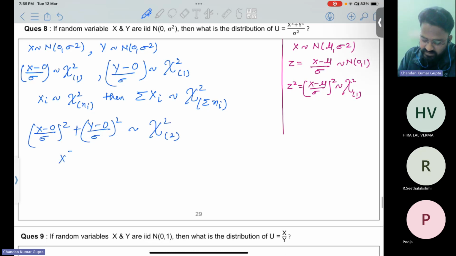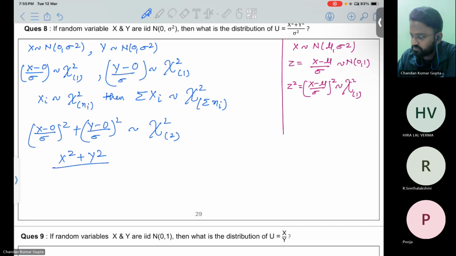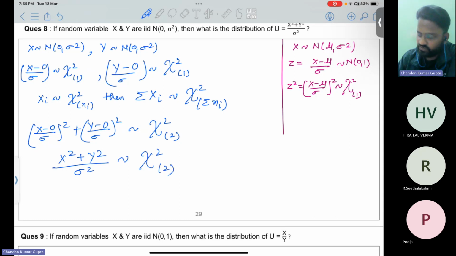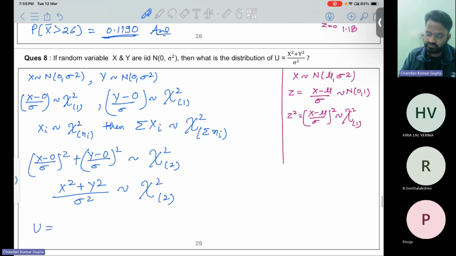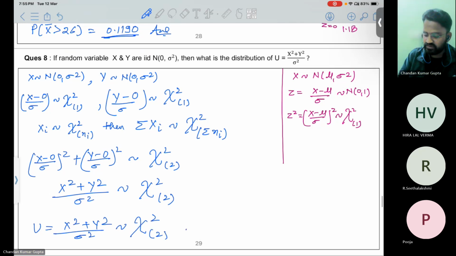So it is nothing but (x square plus y square) upon sigma square. That means the distribution of u, which is equal to (x square plus y square) upon sigma square, follows chi square with 2 degrees of freedom.